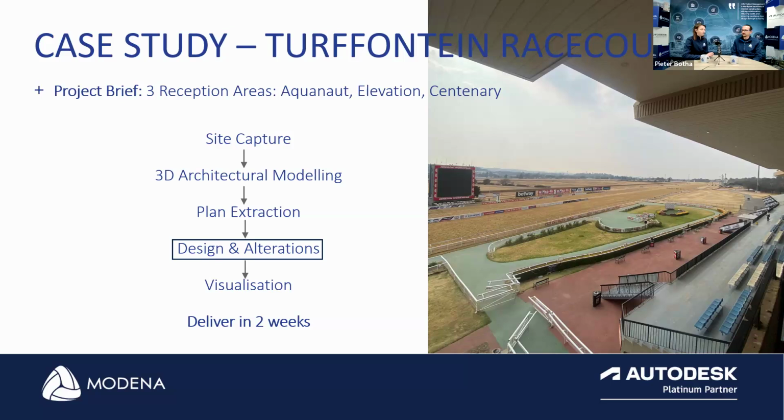We had to go in, do the site capturing, go out with scanners and capture the information, come back to the office, do the 3D architectural modeling and some plan extraction. The reason for that is that this was an interior architect who was very much still paper-based. He wanted us to extract the plan so that he could do his design intent, still pencil on paper, which was amazing.